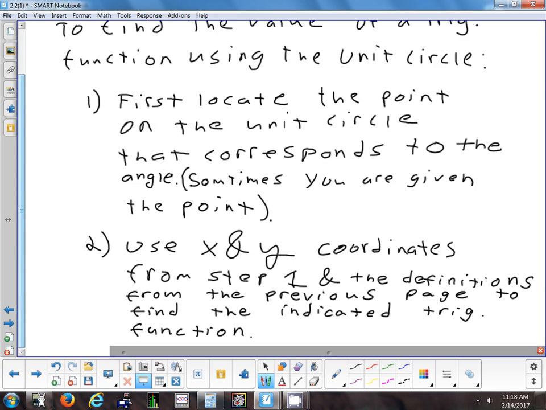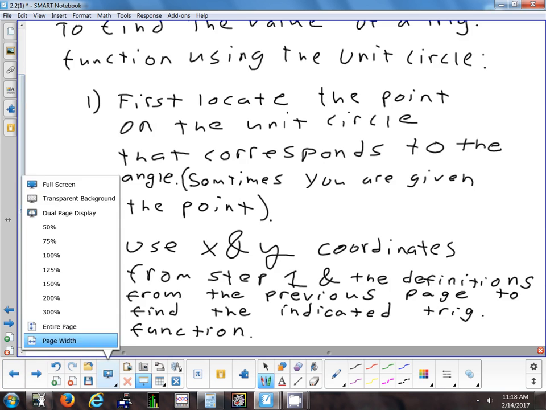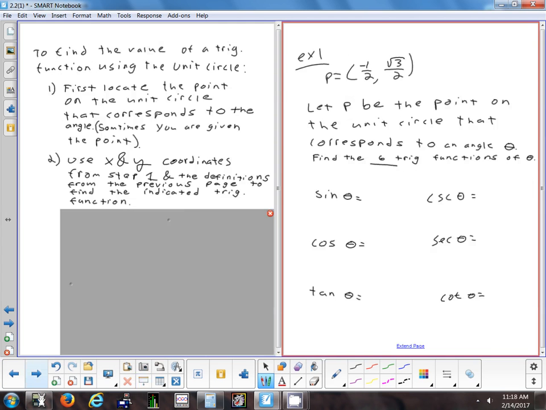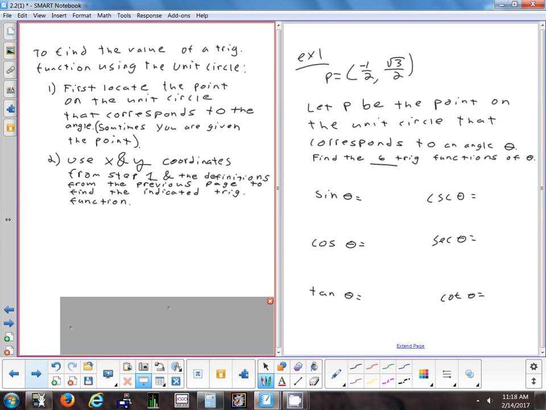A lot of times the coordinates we work with are going to look something like that. They're going to have square roots in them, so keep in mind the rules with square roots. What are you never allowed to do with a square root if it's your final answer? Jackie? Yeah, the bottom.